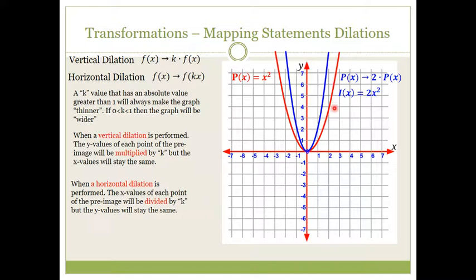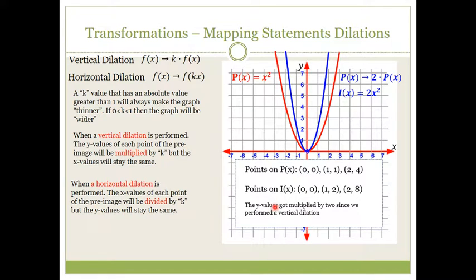So we can see this y value of 4 has now become an 8, or been multiplied by 2, but we kept the same x value. And you can see that here demonstrated by what we're doing with these points. See, the y values got multiplied by 2 since we performed this vertical dilation.